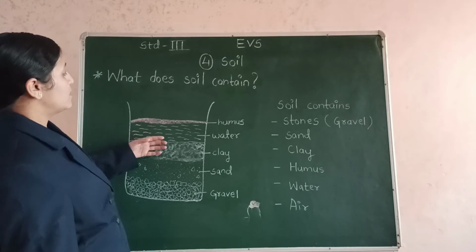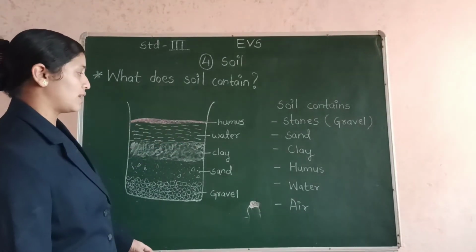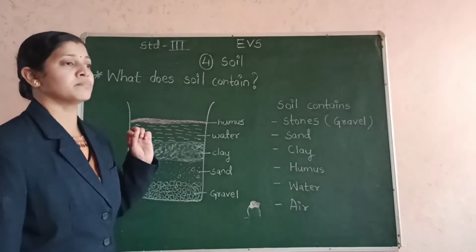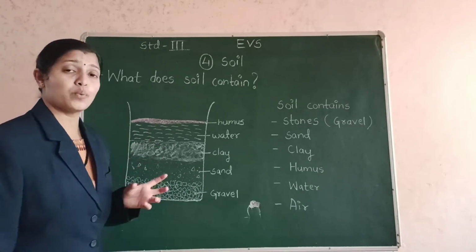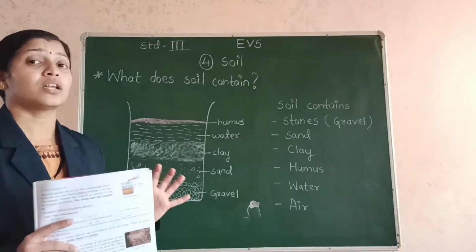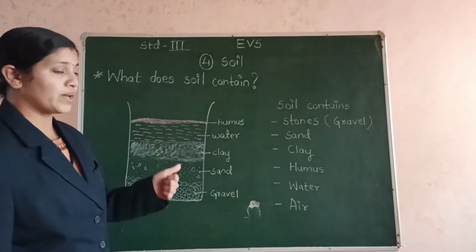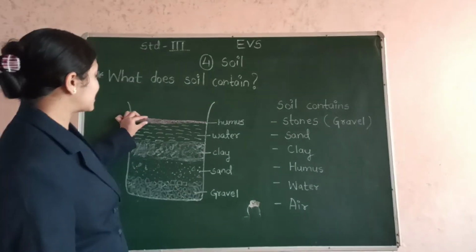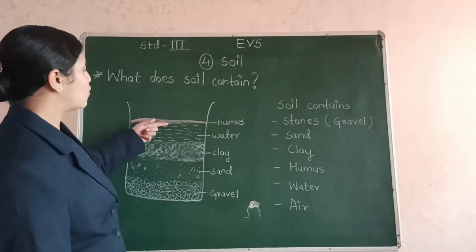Then above the clay you will have a layer of water, and this water is not clear but has some particles of leaves, dead plants, dead animals, some twigs. So it is a mixture. It is not clear water, but it has all these twigs, leaves, dead plants and animals, and it forms a thick layer that floats above the water.